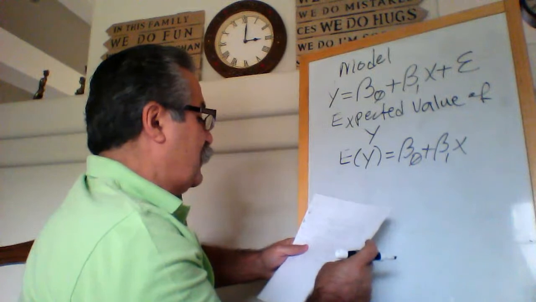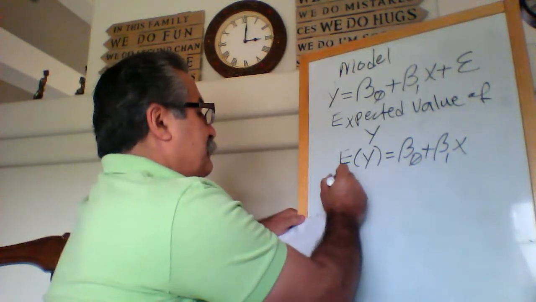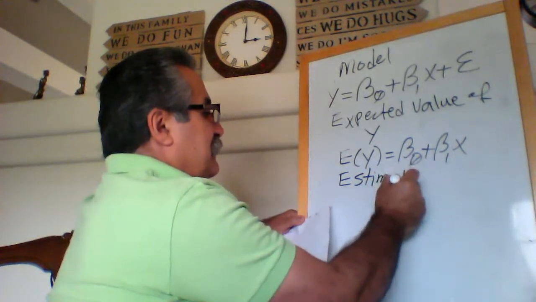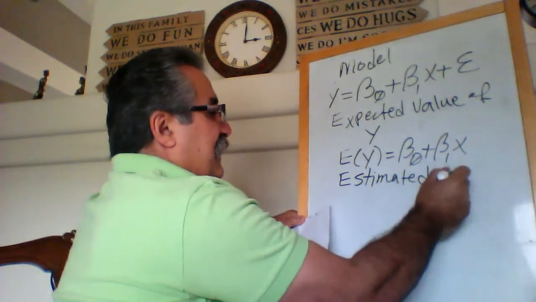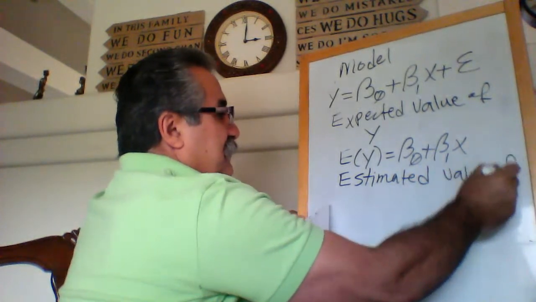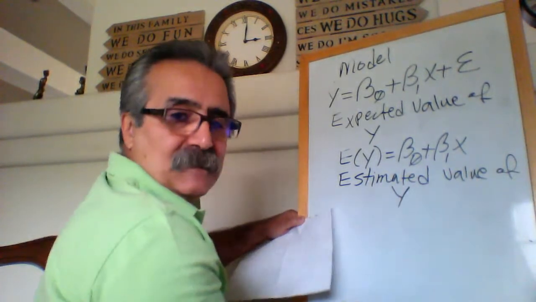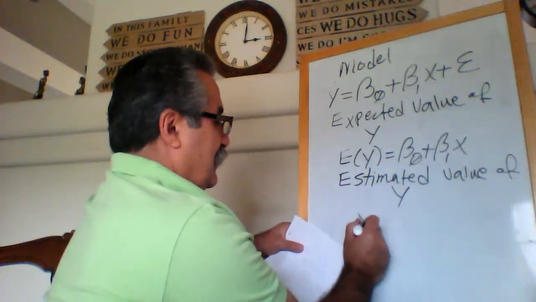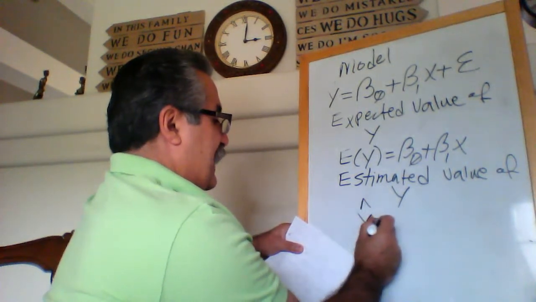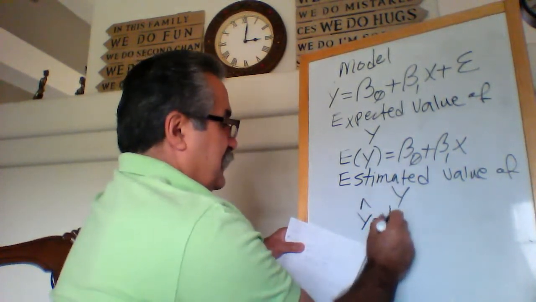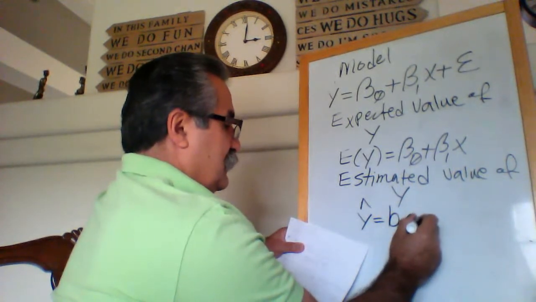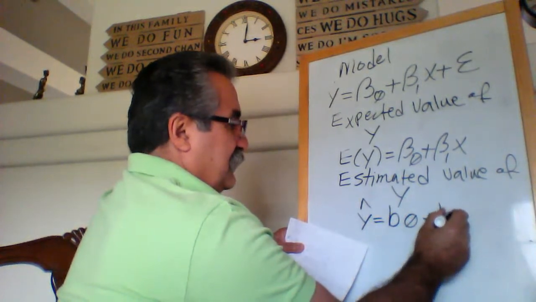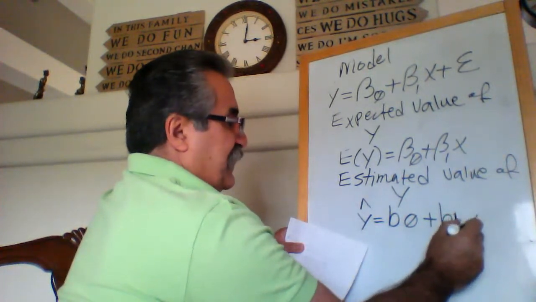The actual formula that we're going to use is called the estimated value of y formula, and that is y hat equals b sub 0 plus b1 times x.